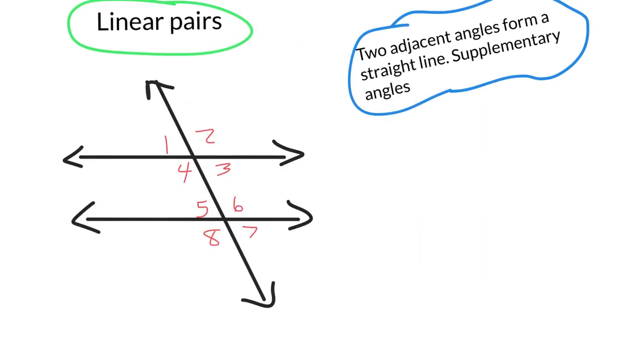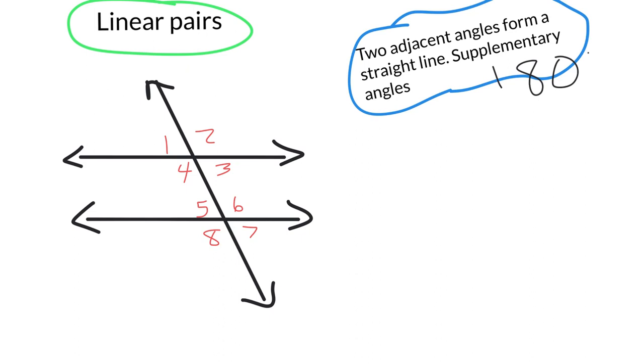Linear pair angles. Linear pairs are two adjacent angles that form a straight line. In other words, they're supplementary angles, which add up to, remember what adds up to 180 degrees, right? A straight line adds up to 180 degrees.